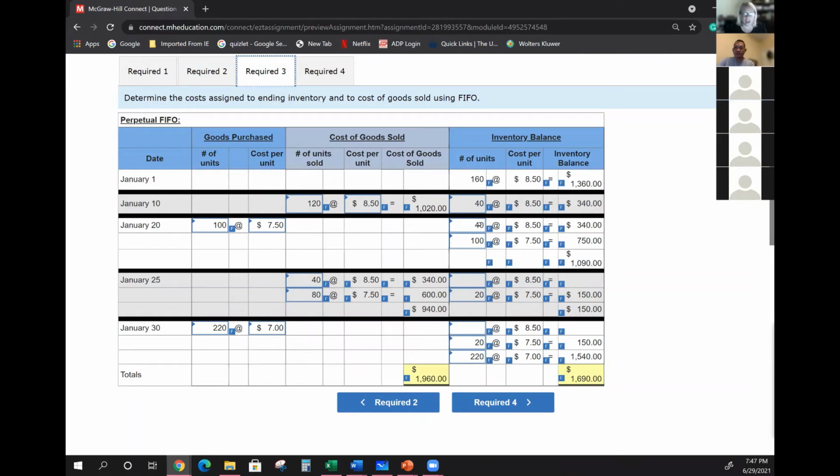So the 40, I'm going to use those first. I have 40 at 850, and then I just take the 120 minus 40, and I have 80 more units that I sold. So the 80 is going to go at the next batch, which was the 100 at 750. So that's how I figure out my cost. Does that make sense?